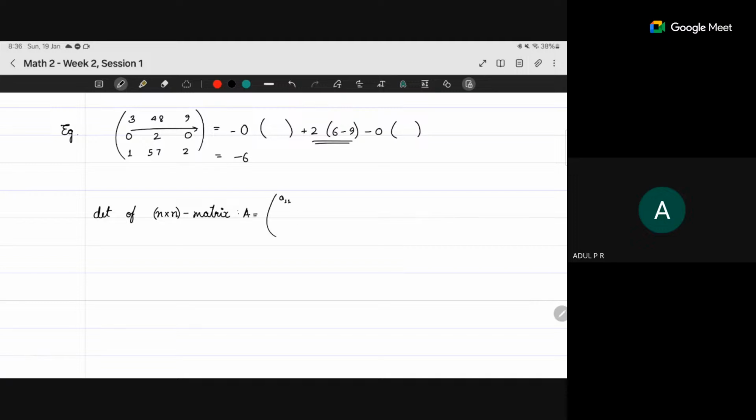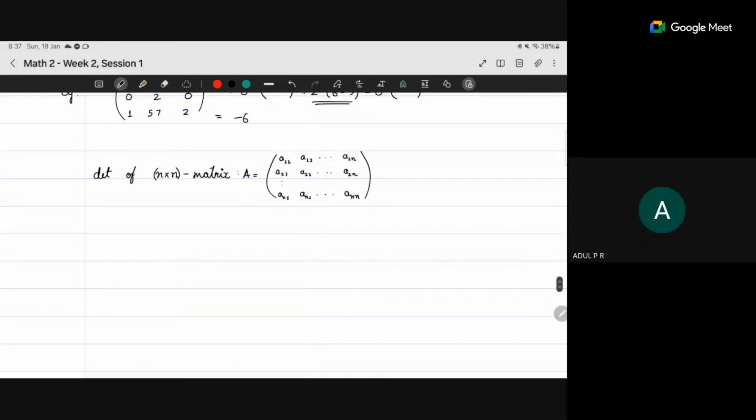Suppose A is equal to this. So this is your typical n cross n matrix, where Aij is the entry at row i, column j.